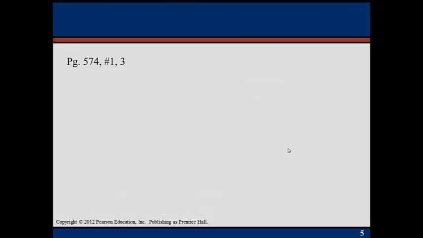Alright, let's go on our books to page 574 and we're going to look at the following problems starting with number 1. It says decide whether the given number is a solution of the given equation. And it says is 10 a solution of x minus 8 equals 2?